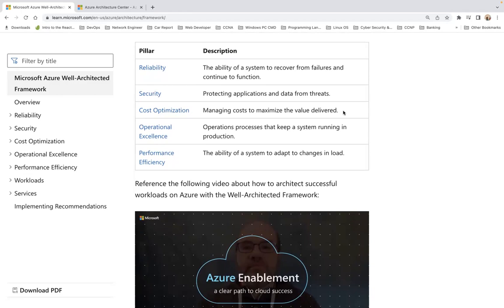Security: protecting applications and data from threats. Cost optimization: managing cost to maximize the value delivered. Operational excellence: operations processes that keep a system running in production. And last but not least, performance efficiency: the ability of a system to adapt to changing load.